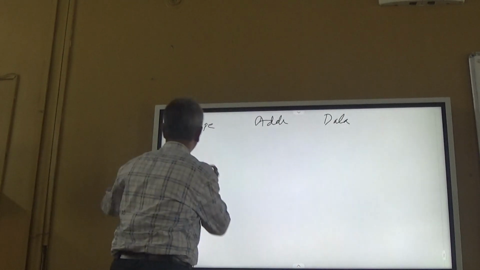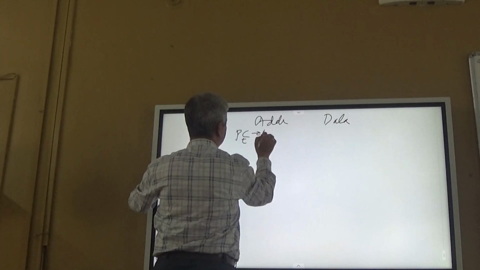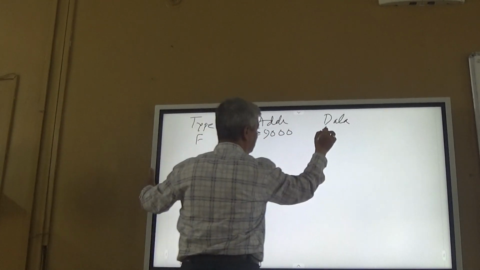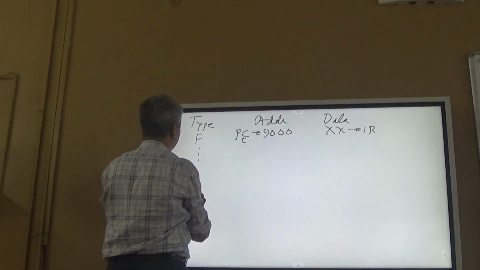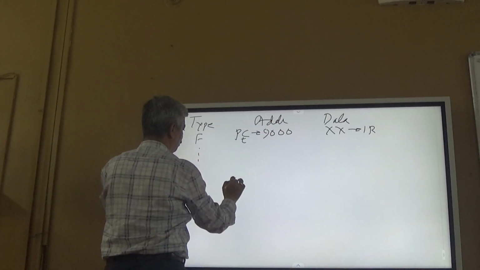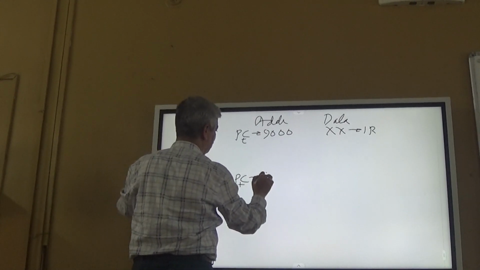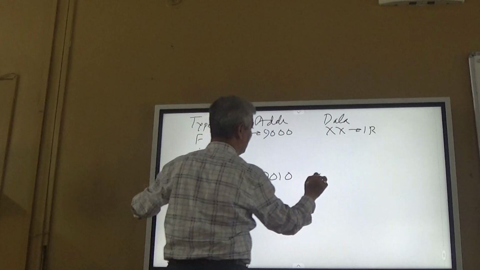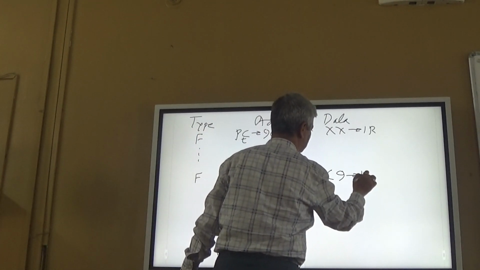So all things like opcode fetch, program counter giving 9000, something going to IR, all this will continue till the program counter gives 9010 for opcode fetch, and at that point we have C9 going to the instruction register.